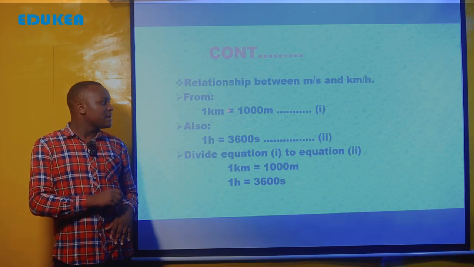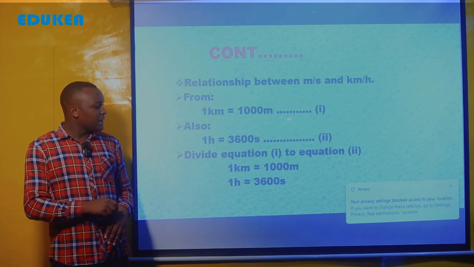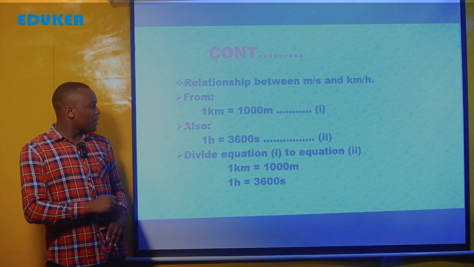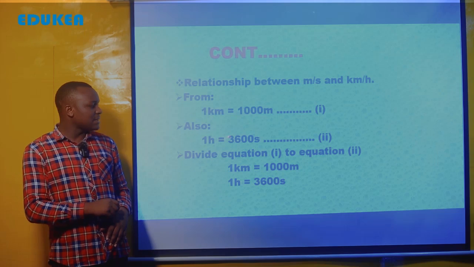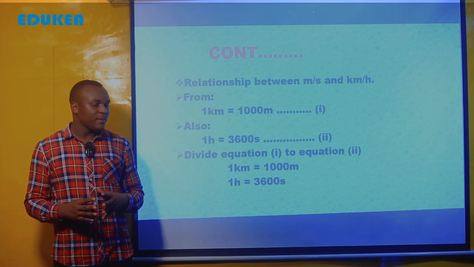Hii tuite ni equation 1. Lakini pia tunajua kwamba 1 hour ni sawa sawa, yaani saa moja ni sawa sawa na sekunde 3600. Kwa hiyo basi hii tuite equation 2.